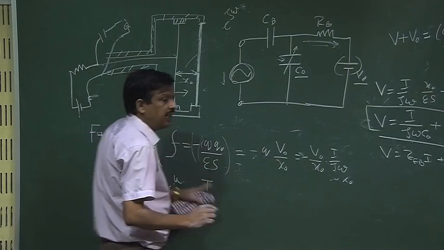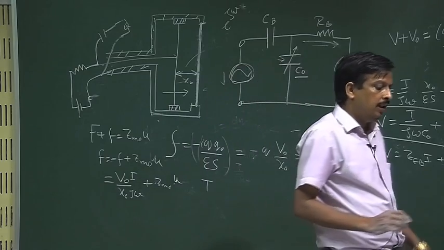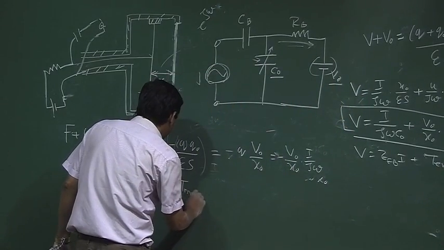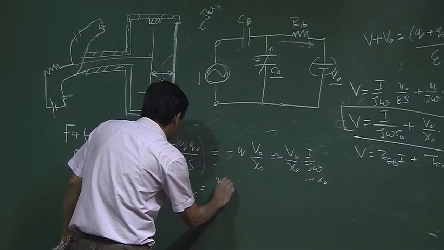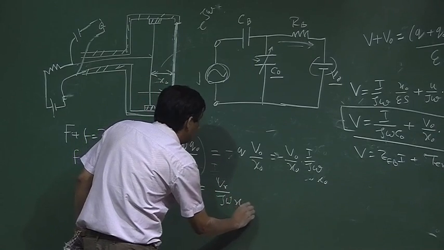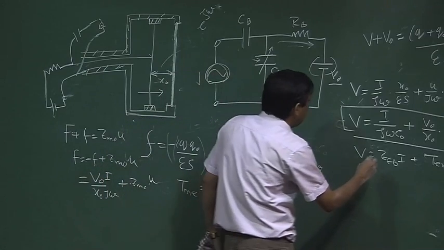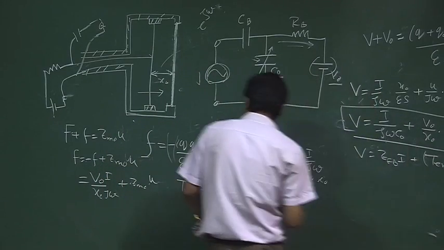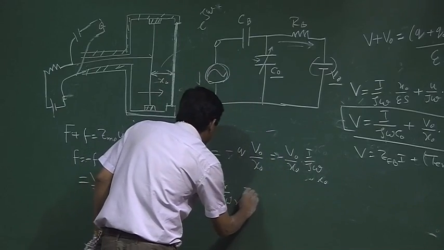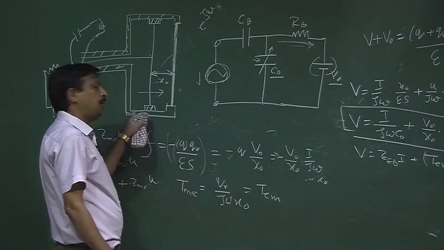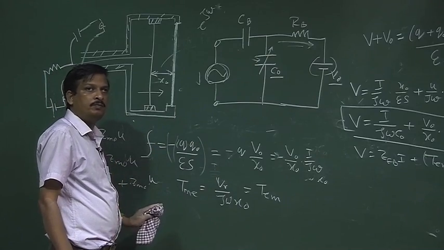If it is TEM, then it is TME, mechanical to electrical, V0 by j omega x0. Here it is TEM, V0 by j omega x0. So, TME is equal to TEM. So, it is a reciprocal transducer, proved.